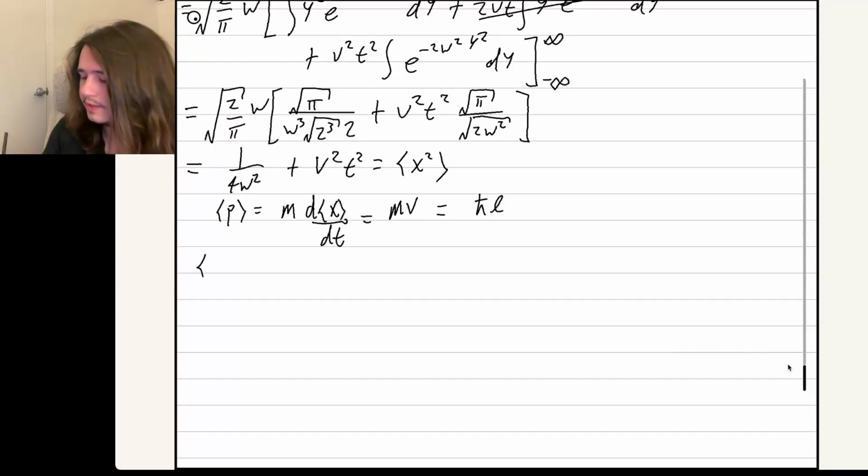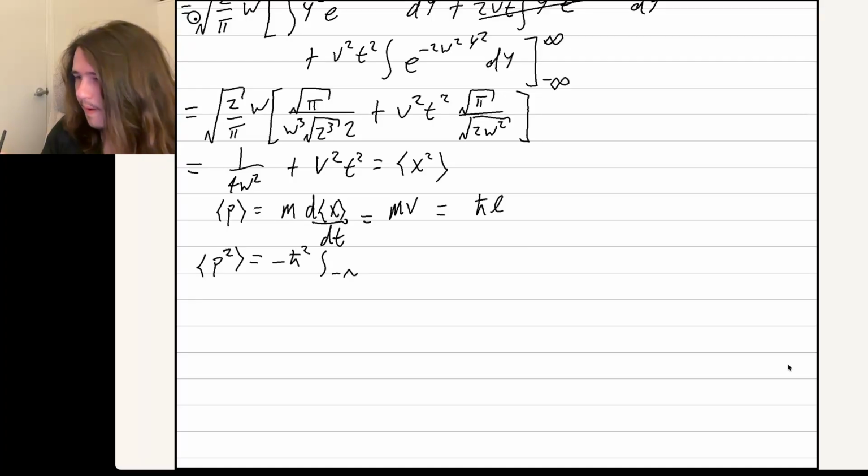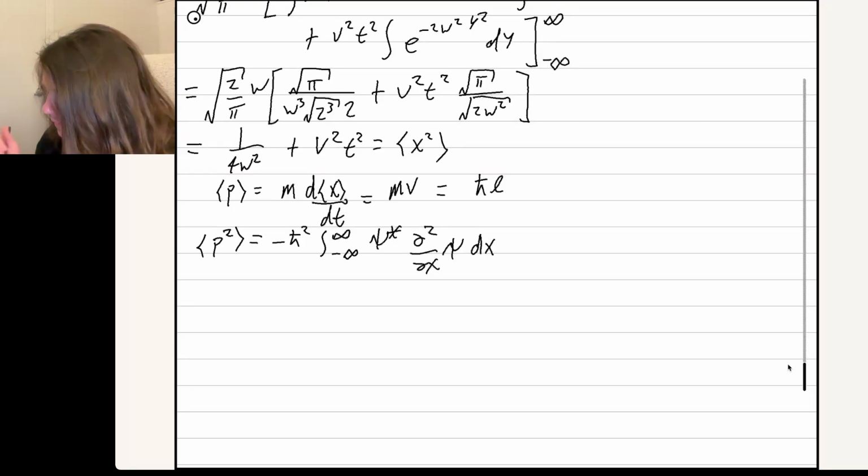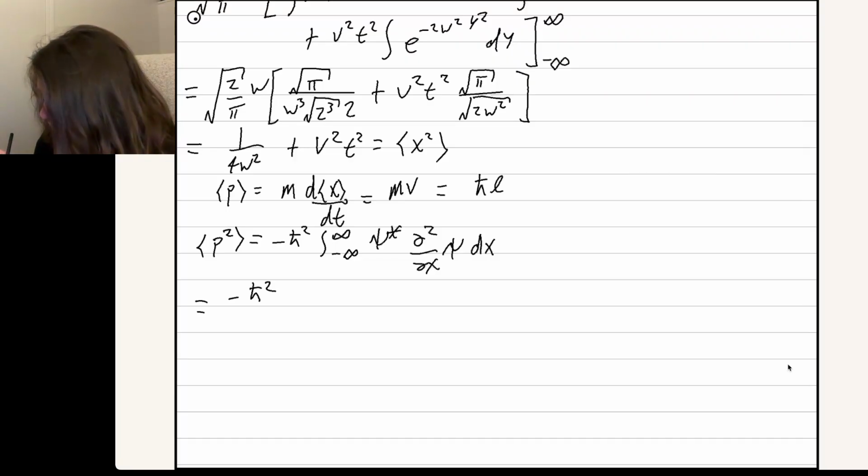p squared is going to be a bit tricky because it's going to be minus h bar squared times the integral from minus infinity to infinity of psi star times the second derivative of psi, dx. So we have to do a couple of derivatives. I'll expand psi, not psi star, just psi, because otherwise you're going to have a bad time.